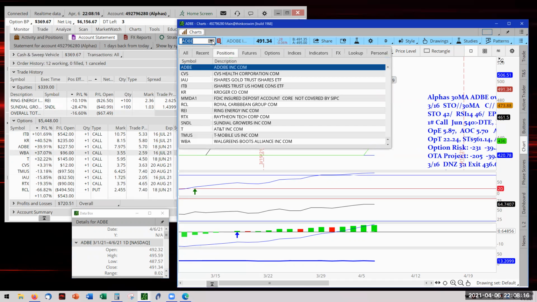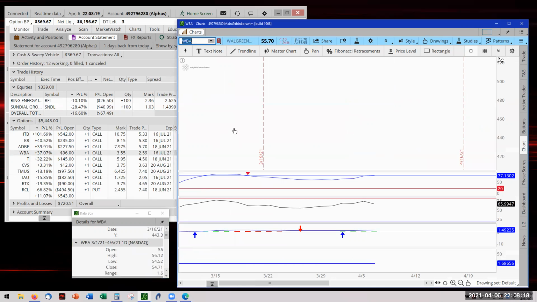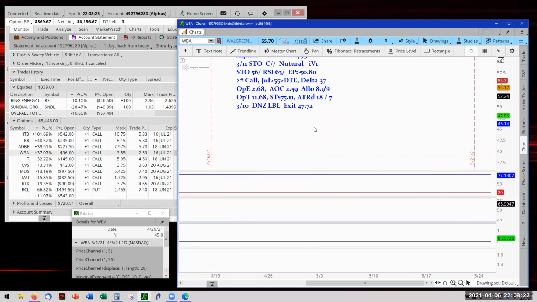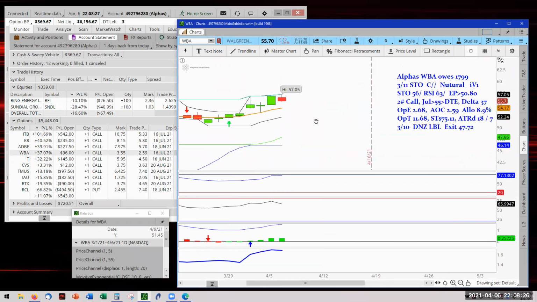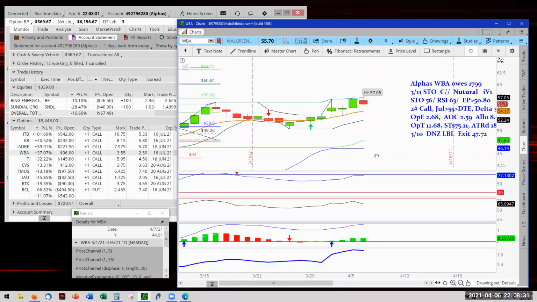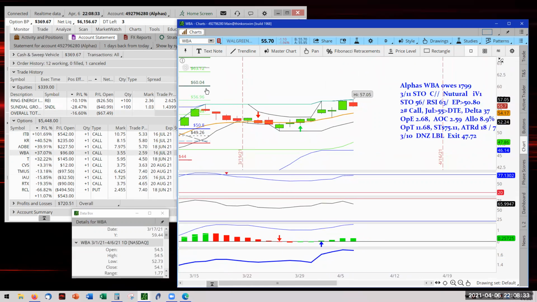Let's go on now to WBA, Walgreens, and we'll zoom a little closer to see the action. Third base was at 60. We are $3 out, and the ATR is $1.68, so we're still 2 days away.